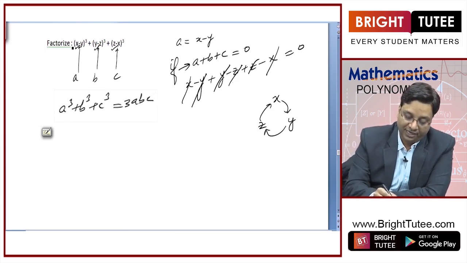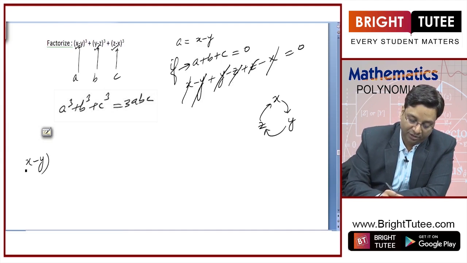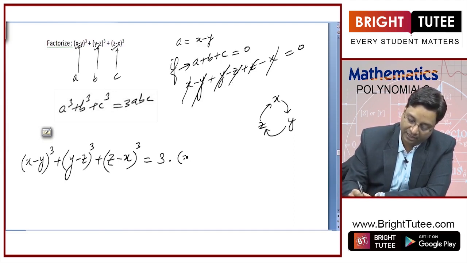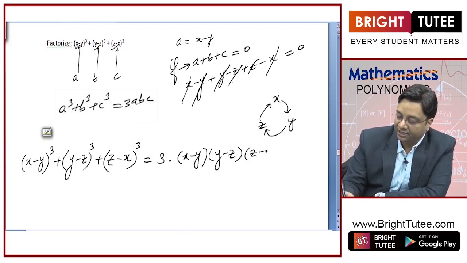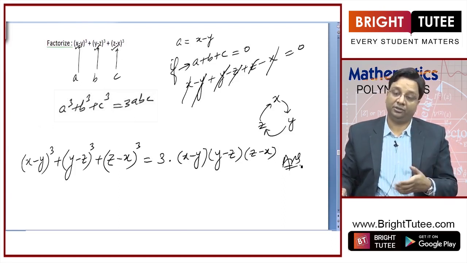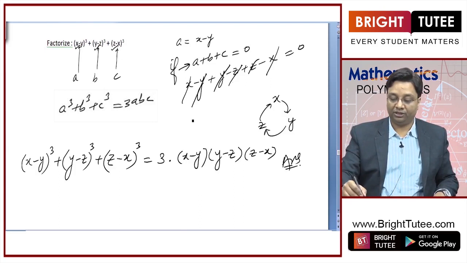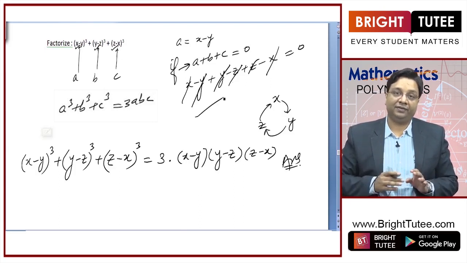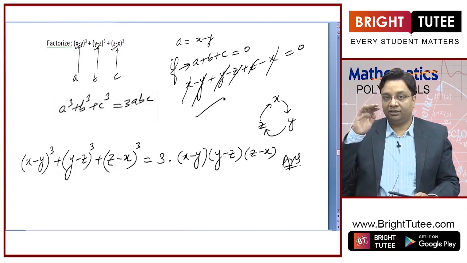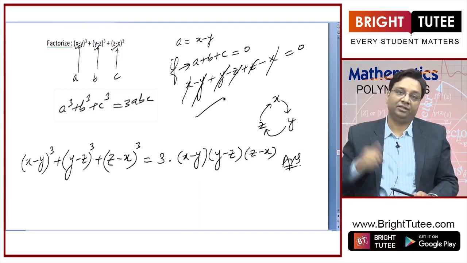So the factorization of x minus y cubed plus y minus z cubed plus z minus x cubed will be equal to thrice of x minus y, y minus z, z minus x, right? Just looking at the question, you can directly write the answer if you know this formula well, and you can identify that what is written inside the brackets is cyclic in order, so that if you add these, it will give you a sum of 0.